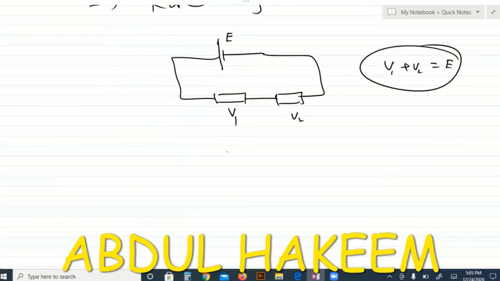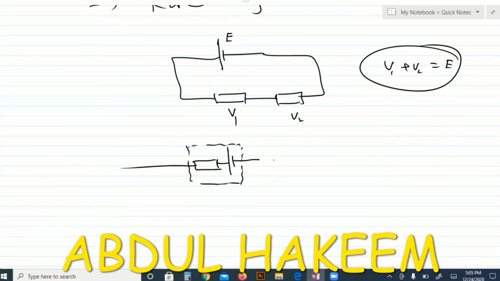Similarly, if the cell has internal resistance, it is always drawn in a dotted box.